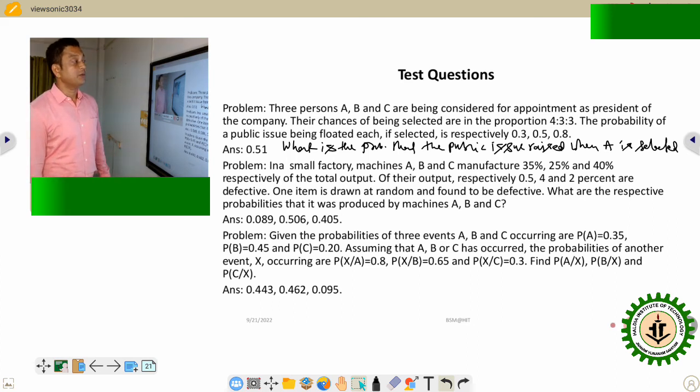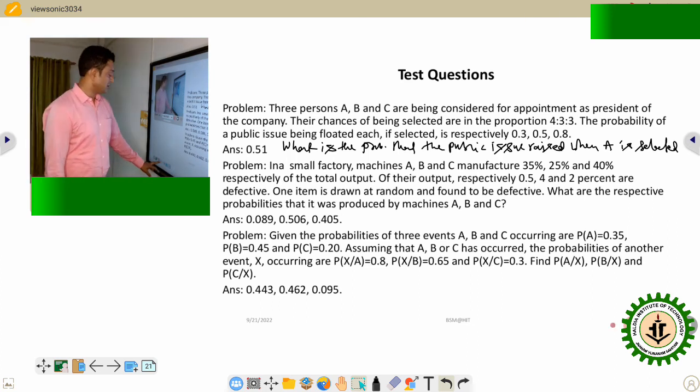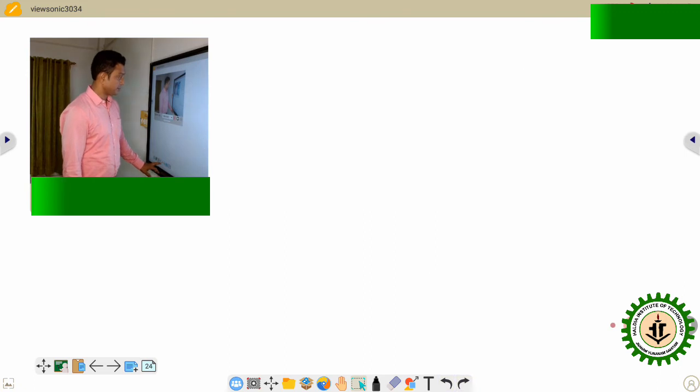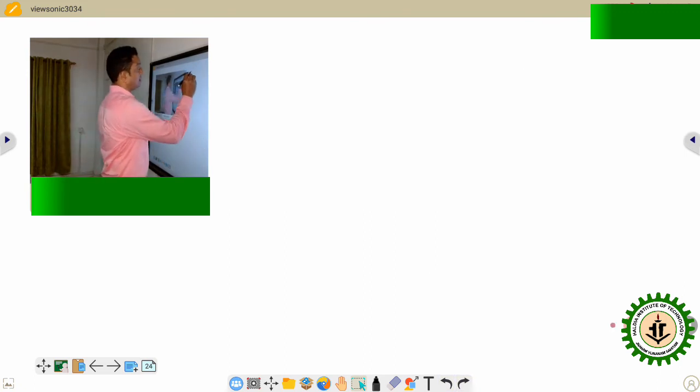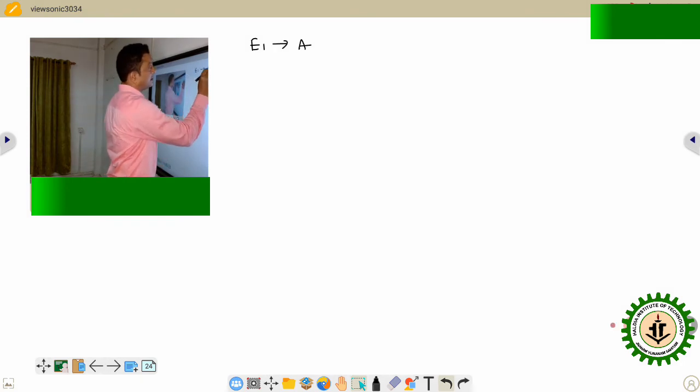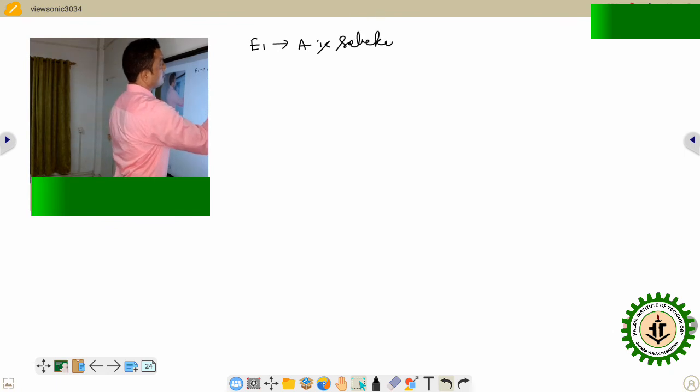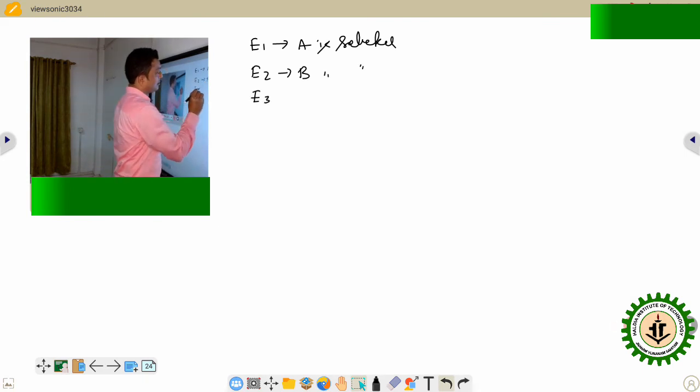So let me write the events first. Let E1 be A is selected, E2 be B is selected, E3 be C is selected. And P is the event that the public issue is raised.